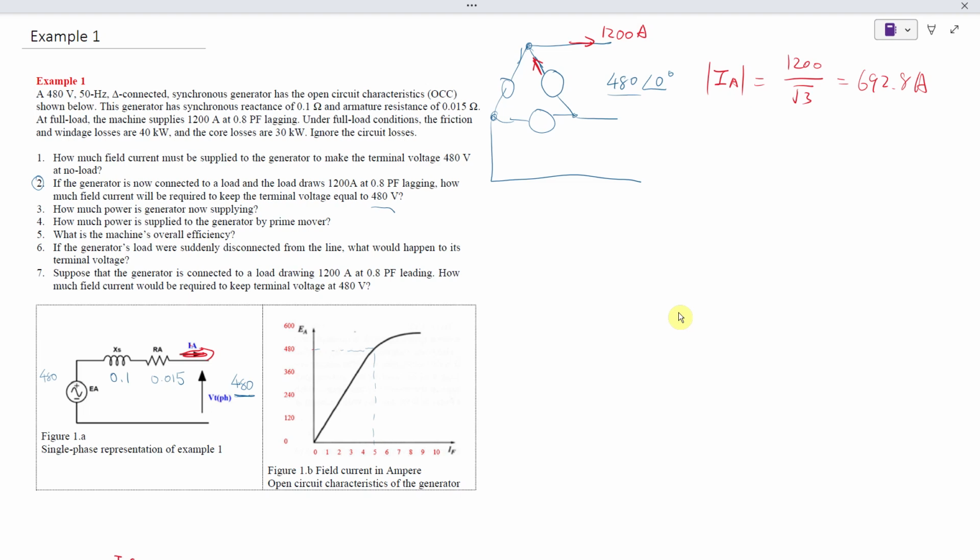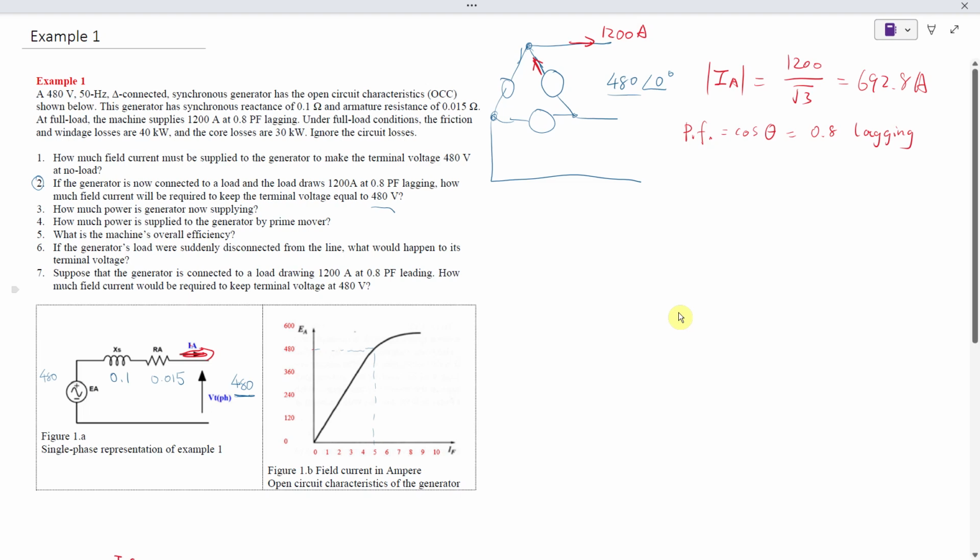Next, what is the angle of this current? Another piece of information we've been given is the power factor, cosine theta, which is 0.8 lagging. But you have to pay attention here. This power factor is talking about phase voltage versus phase current.